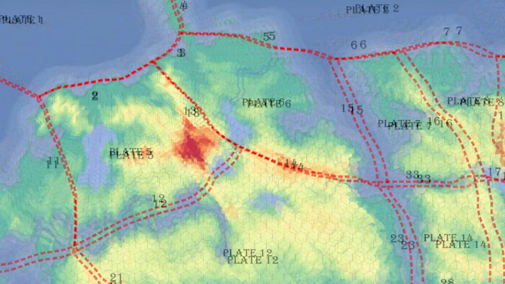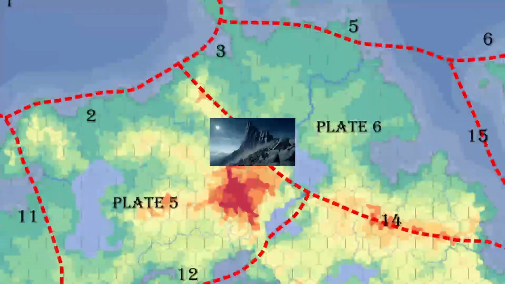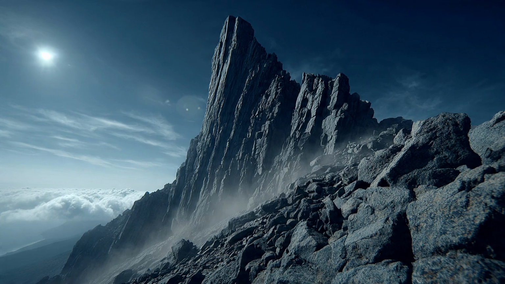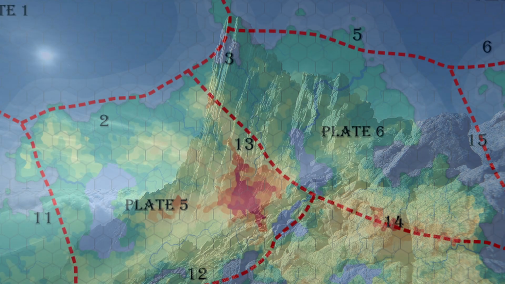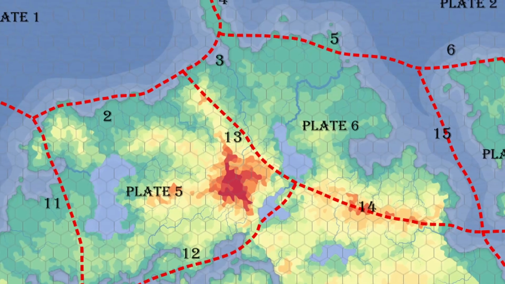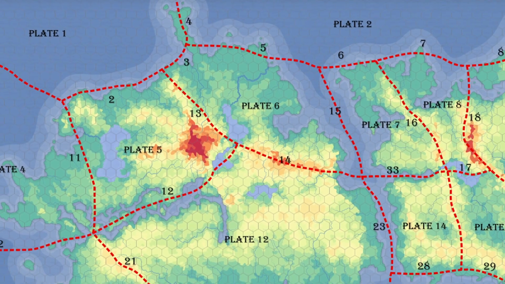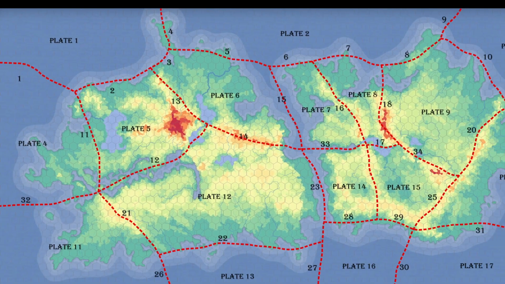In the center, Interaction 13 drives the Great Central Uplift. You have to understand, these aren't just mountains, they are impassable physical walls. I placed them here specifically to separate the fertile basins, making global unification logistically impossible.